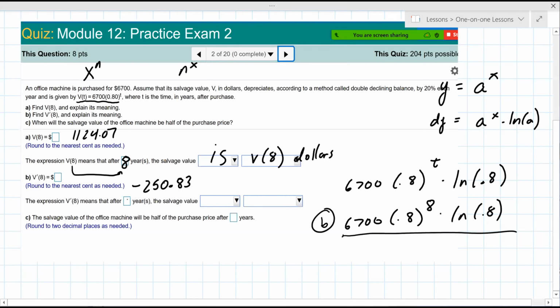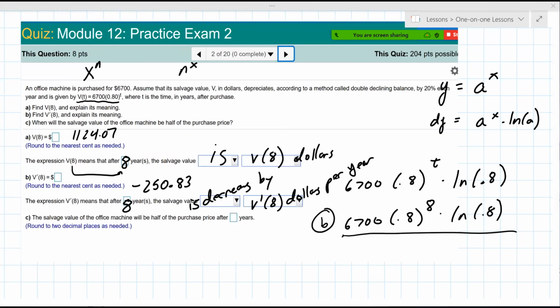Yep, that's your answer to part B. This means that after 8 years, the salvage value is decreasing by v prime of 8, about $250 per year. That makes sense.